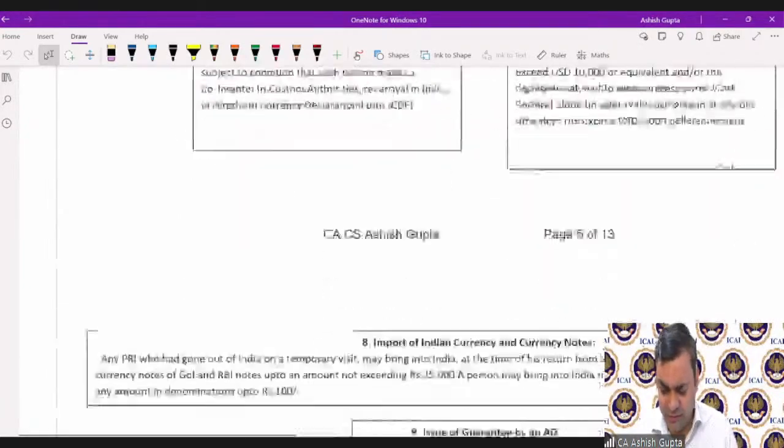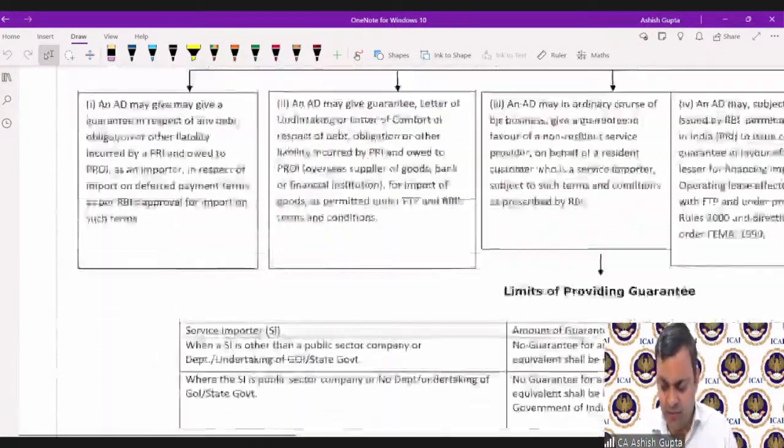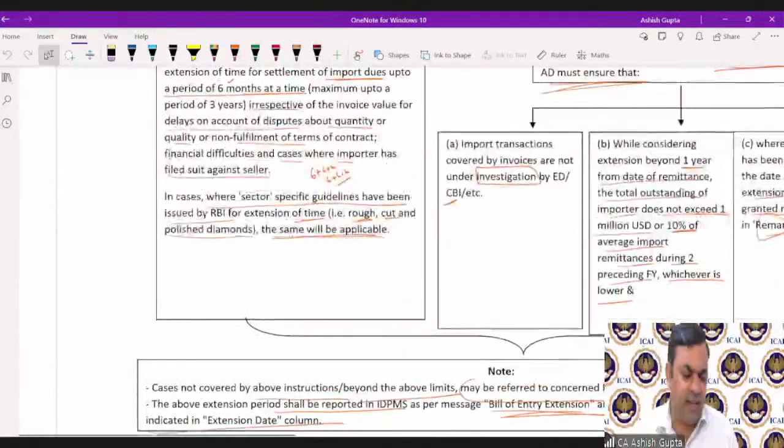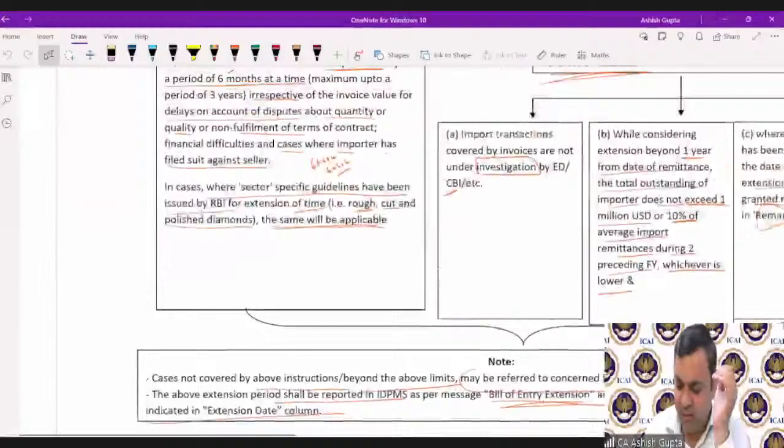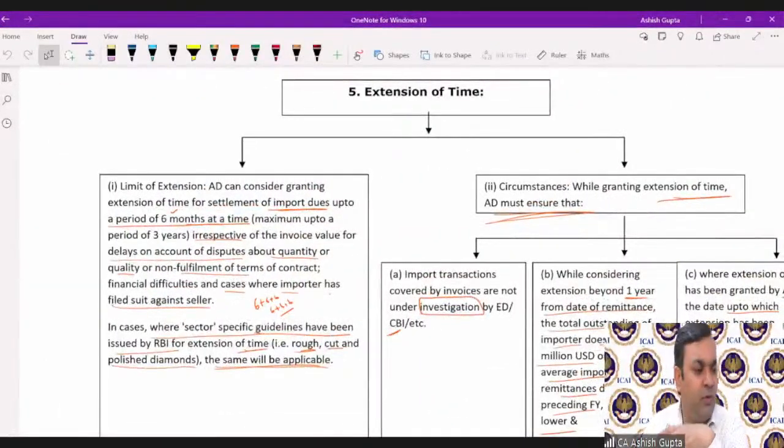I think we have covered half the topics of import of goods and services, up to point number 5. If you have any doubt, you can ask your doubt. In point number 5, if you have any doubt, let me know.